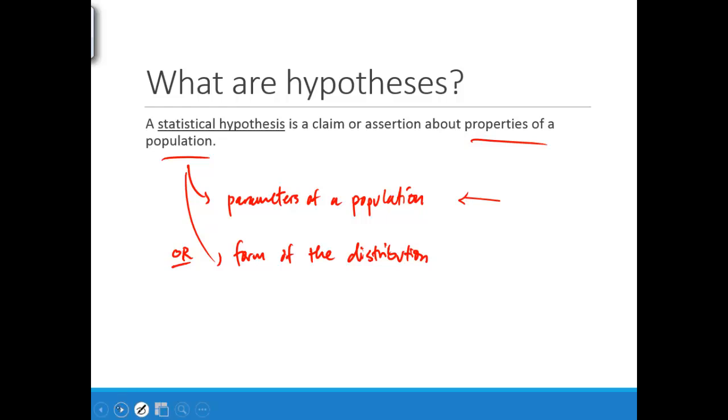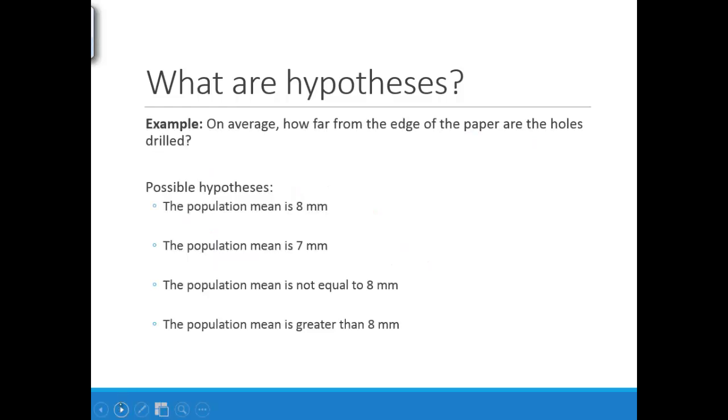Okay, so what are some examples of these things? If my question is about how far from the edge of the paper these holes are drilled, possible hypotheses, if I'm thinking about the population mean, would be that the mean is 8 millimeters, or it's not 8, but it's 7 millimeters. I could also include inequality statements here.